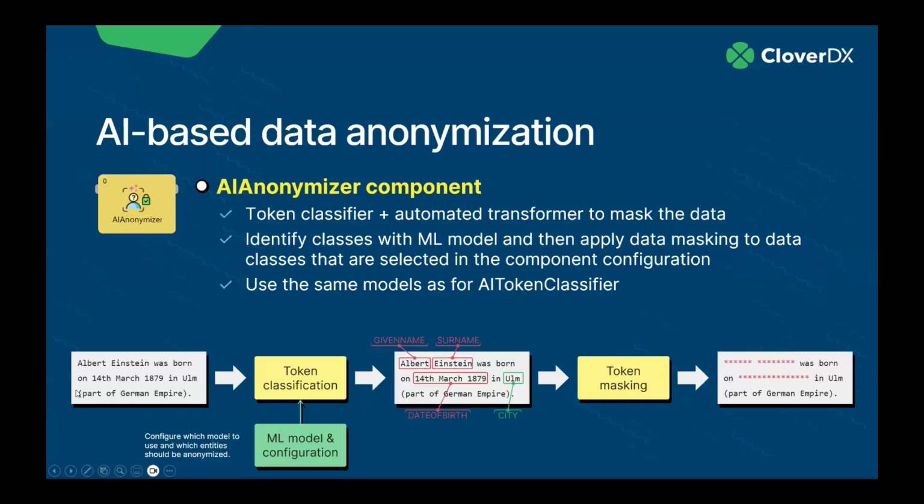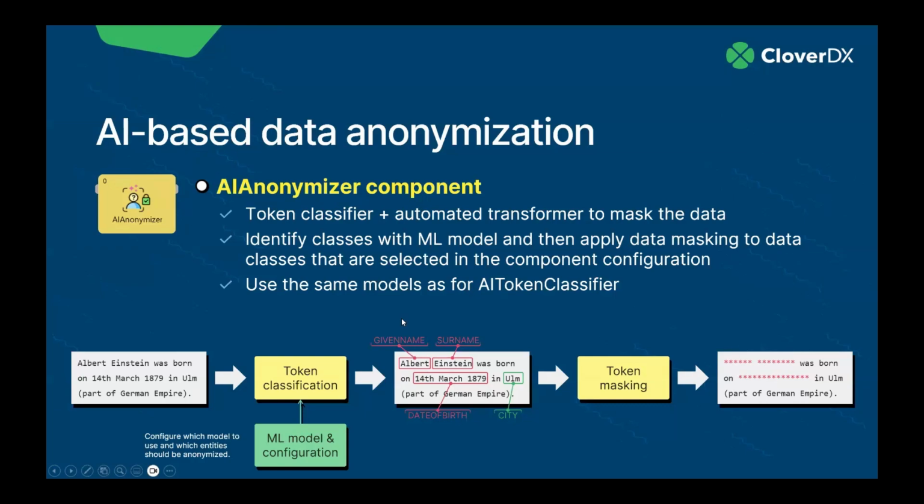You can get, for example, something like this. You get a text that has some personal information within it, like the name, the date of birth, and so on. You run it through the token classification. The component does this for you, so you don't have to do anything there. And it classifies the words, or tokens rather, within the text into different classes.